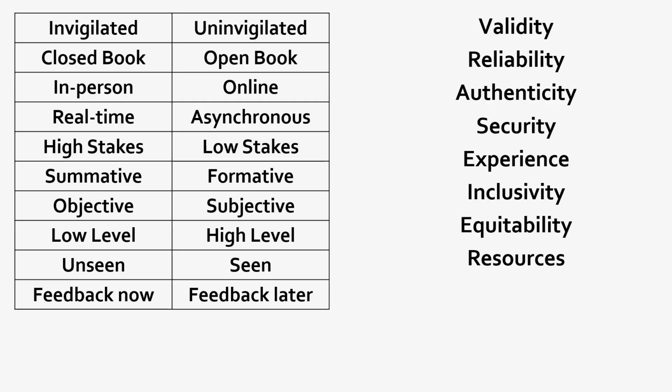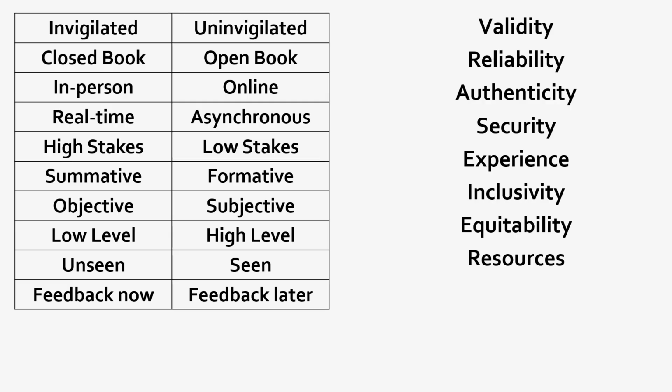This is not really a binary closed book versus open book, because in lots of situations you might give learners access to some limited amount of additional resources, but not just let them look at whatever it is they want. In person means the assessor and the student, the examiner and the student, are in the same physical place. Real time means the assessor observes the student undertaking the assessment task.